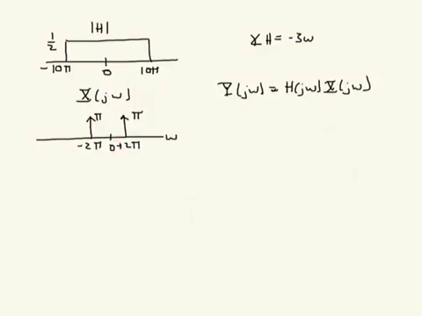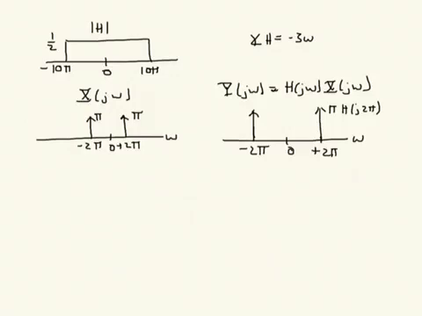And if we do that, well, now we're multiplying two impulses by another function. Well, if we multiply impulses by anything, we just get the impulses back, and they're scaled by the value of the other function. So Y of j omega could easily be sketched as just two impulses, one at minus 2 pi and one at plus 2 pi. But now they have an area of pi times the value of the frequency response at the location of the impulse.